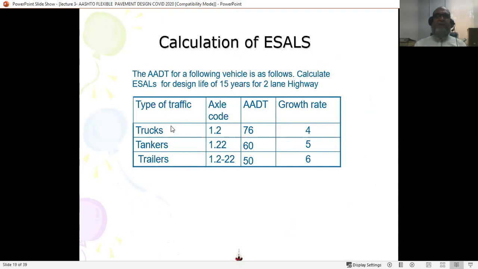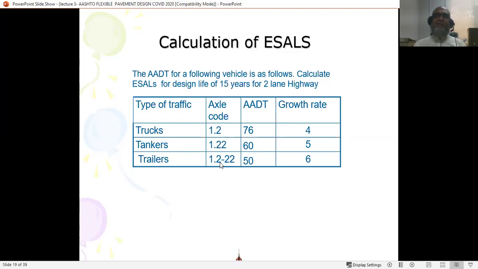The traffic on this road is a truck, there are tankers and there is a trailer. This is a two single axle truck. This is a single axle tandem axle truck. This is a single and tandem.